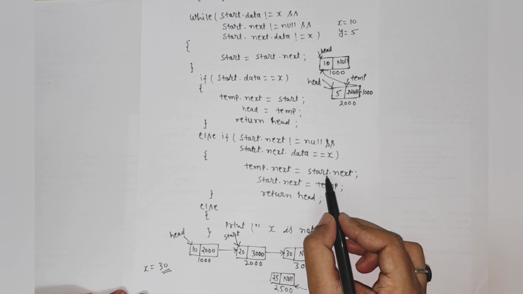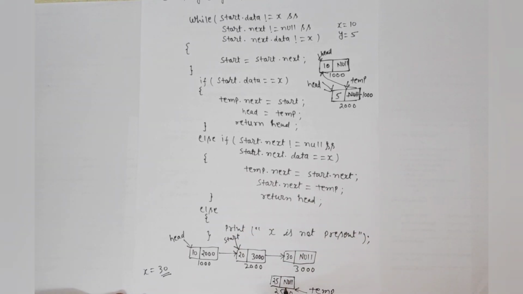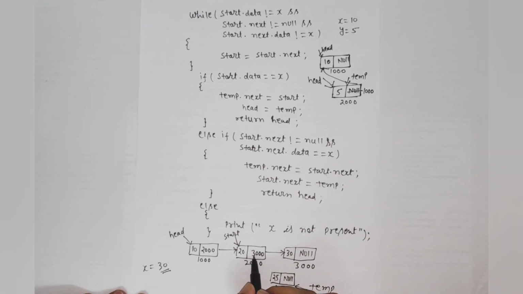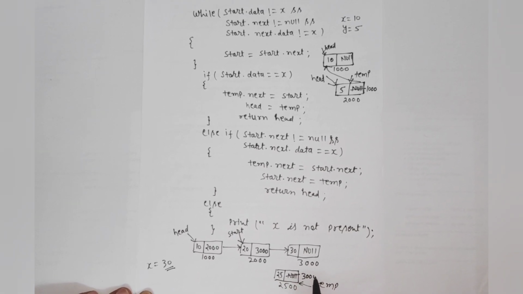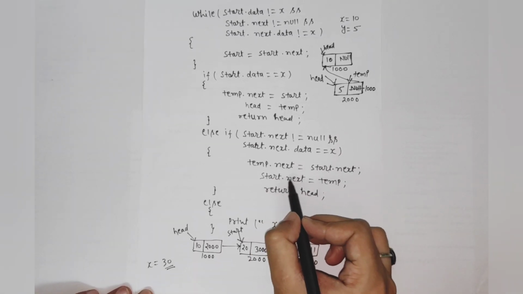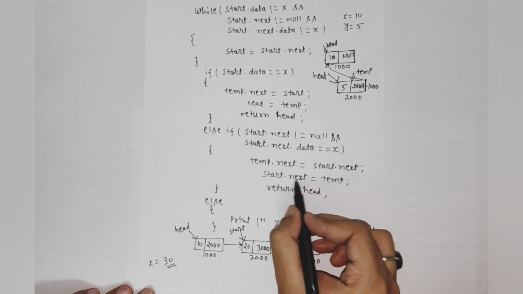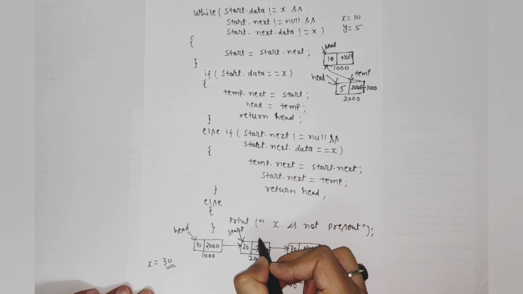Here we are assigning start.next to temp.next. temp.next is null currently and start.next is 3000. So 3000 will come here. After that we will assign temp value to start.next. temp value is 2500 and the start.next field is this field. So in this place we will assign 2500.